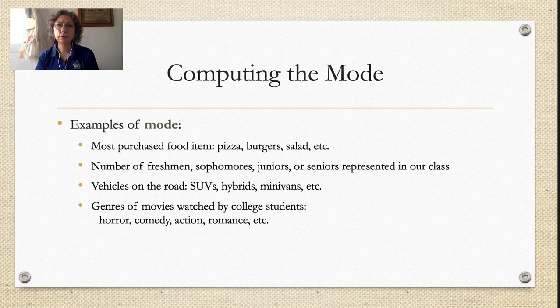Vehicles on the road, which is the most often seen vehicle on the road, or even genres of movies watched by college students. Notice that all of these are categorical variables. They're nominal, like most purchased food item is just a variable that's categorical, and it's got these different types: pizza, burger, salad. Same with college year, vehicles, and movies.